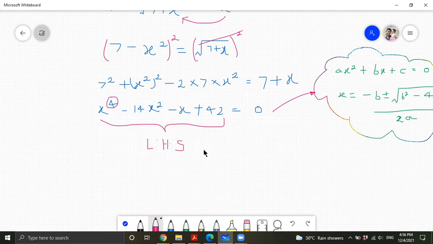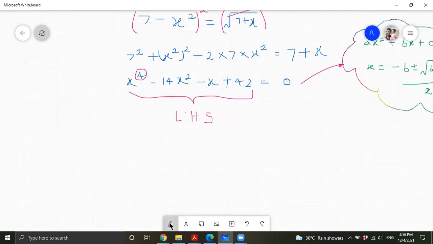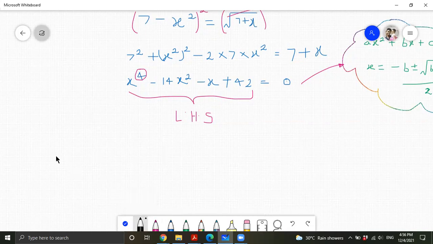For that, we'll put some values in order and find the correct x value, right? So first I'll try x equals to 0. I'll directly jump to the answer since the video will take more time, right?